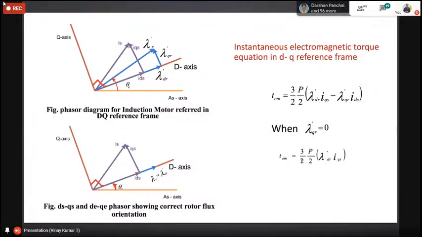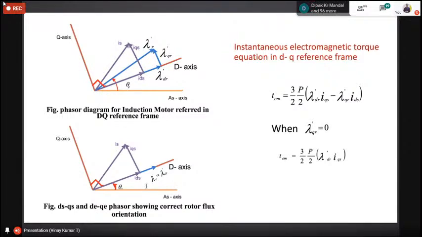In the FOC method, the main task is estimating theta E. Theta E is the position of lambda r with respect to the A axis, the reference axis. This is the A phase axis, right? Let us assume that theta E is a known value. Then you need to transfer the reference points with respect to theta E, right?